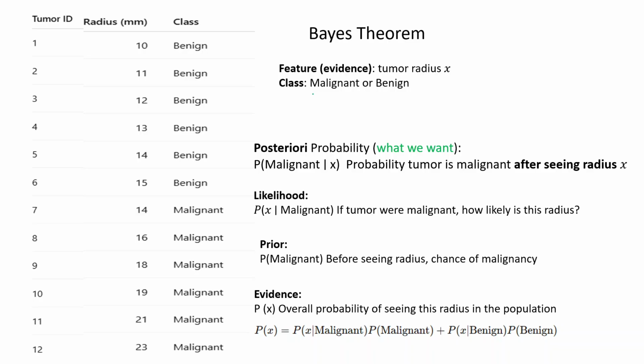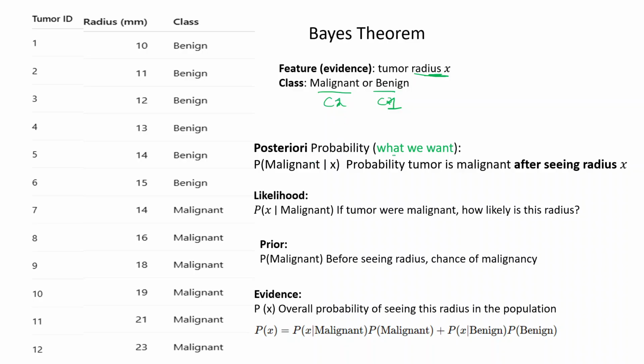Now in this example we will take the feature as the tumor radius, that is X. Our classes are two, the malignant and the benign case. We can call the benign case class 1 and malignant class 2.